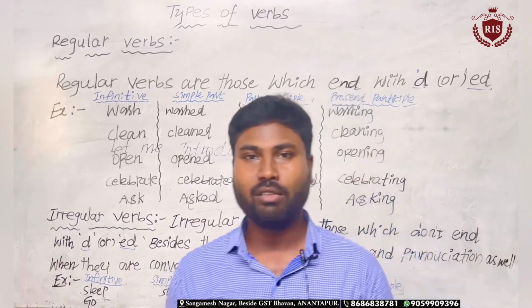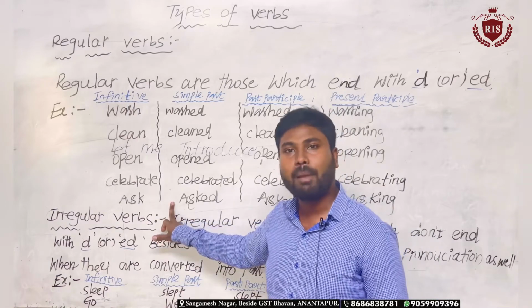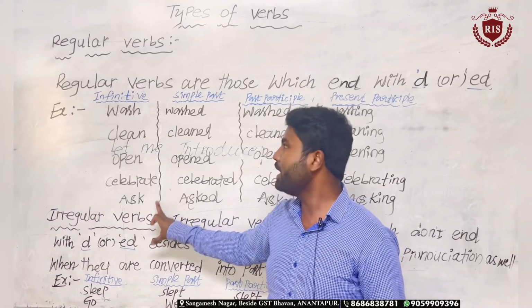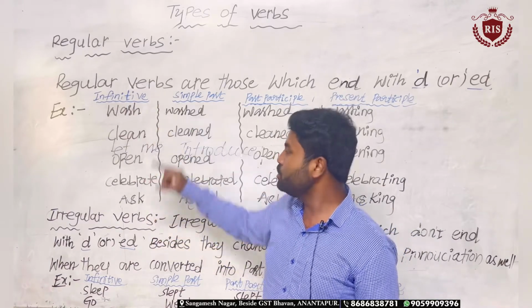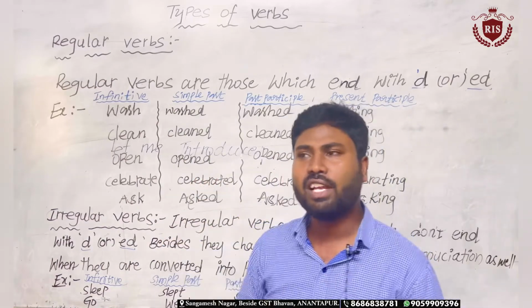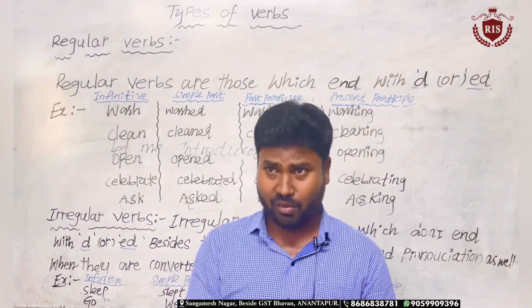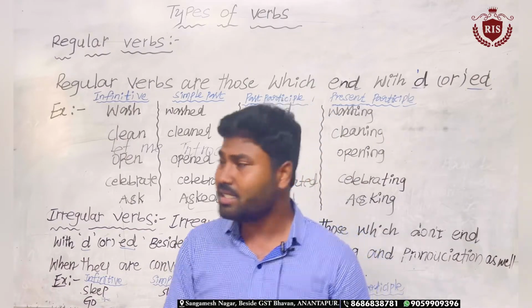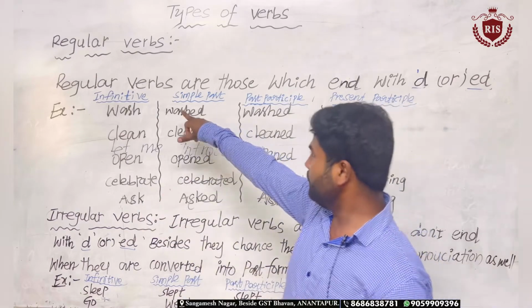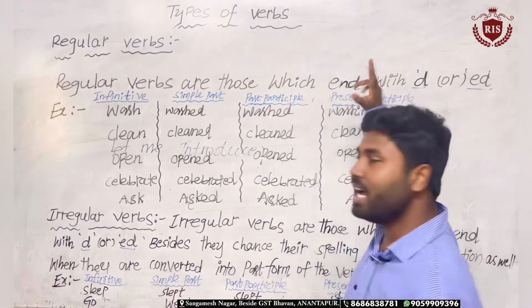Okay, as I have told you, there are many types of verbs. Before we get into the simple past, we are going to get to know about these two types of verbs. So regular and irregular. So what do you mean by regular verbs? See, regular verbs are those which end with D or ED.